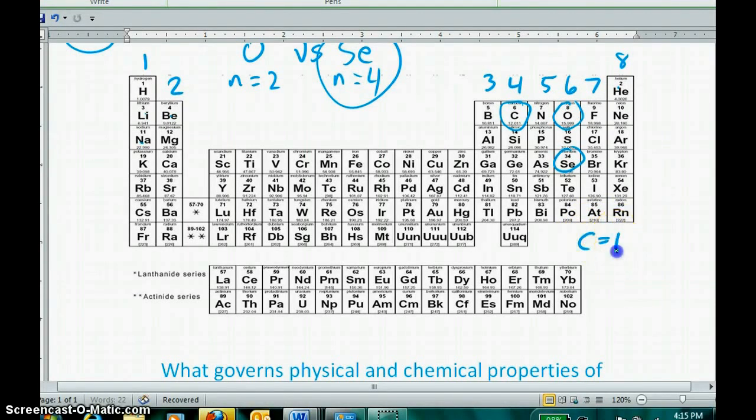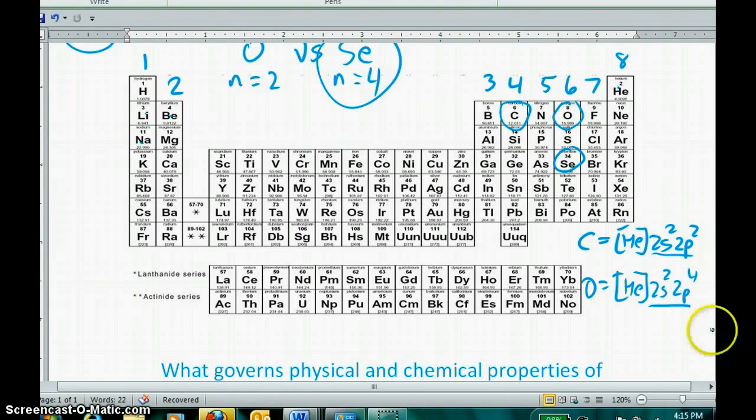Carbon has helium's core, 2s2 2p2 as its valence configuration. Oxygen also has helium core, 2s2 2p4. Now, clearly, they're both period 2 elements. They both have the same valence level. That's not going to help me determine who has a larger radius.